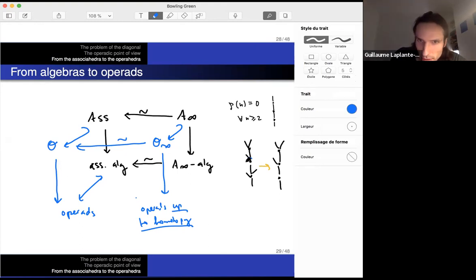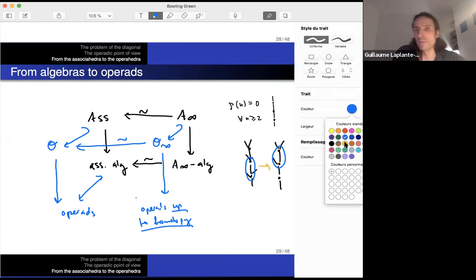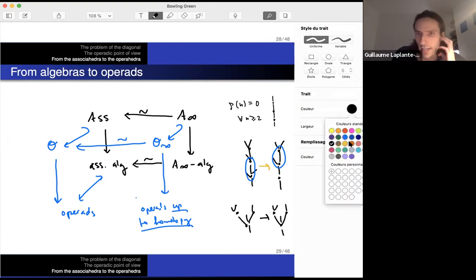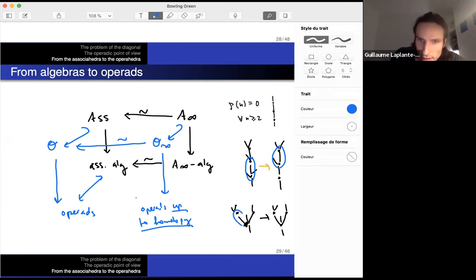So I should draw the parentheses. And the same for the parallel axiom. I will get this way an infinite tower of homotopies encoding this up to homotopy associativity. And so you can complete the square, of course, here.